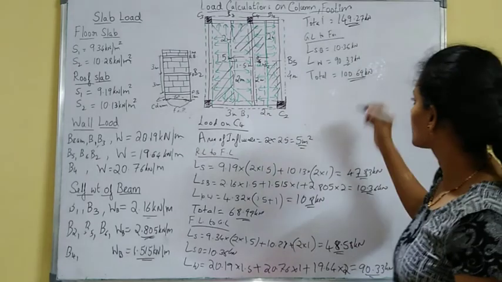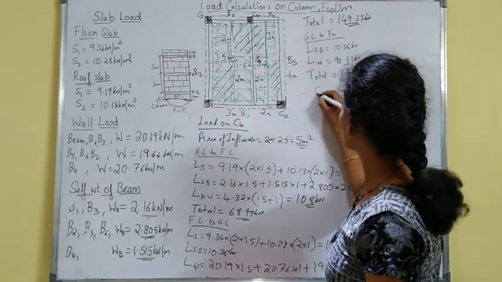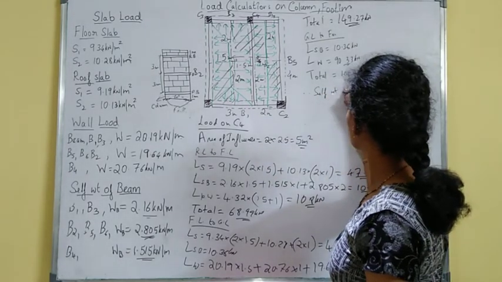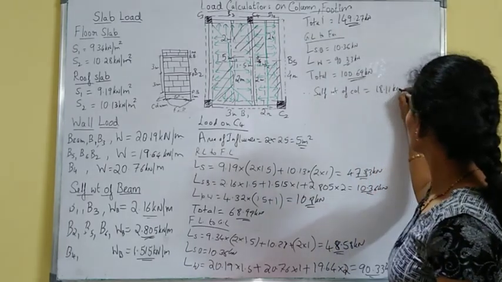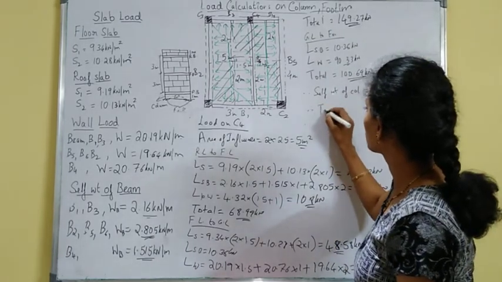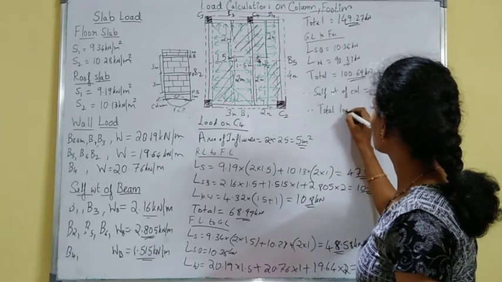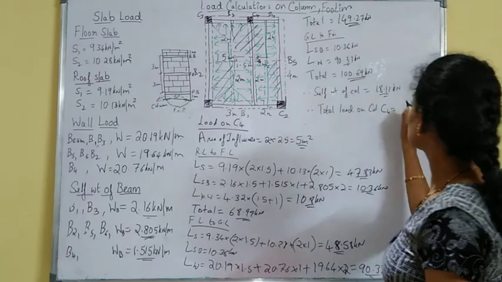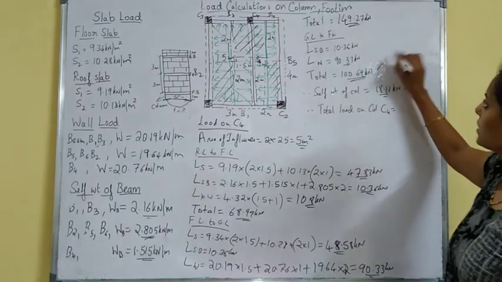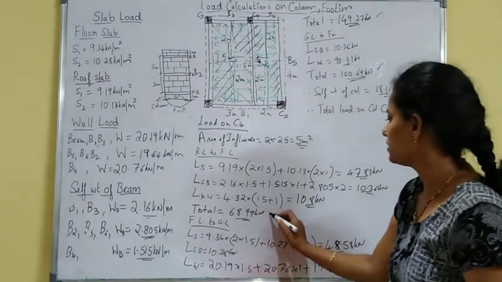Okay. Therefore, then sulfate of column, that is 18.11. Therefore, total load on column C4 is at 18.11, this and this.